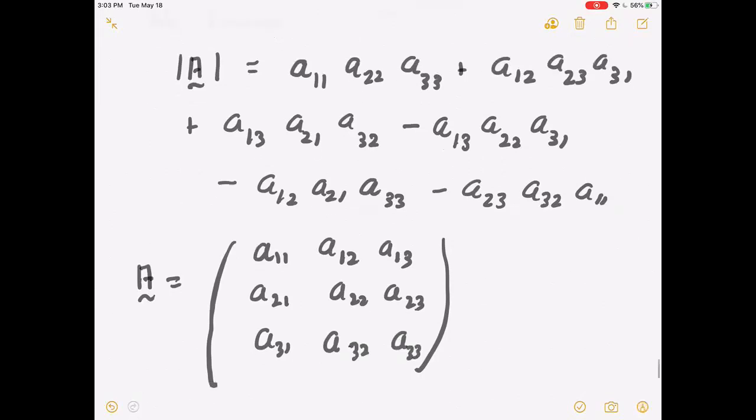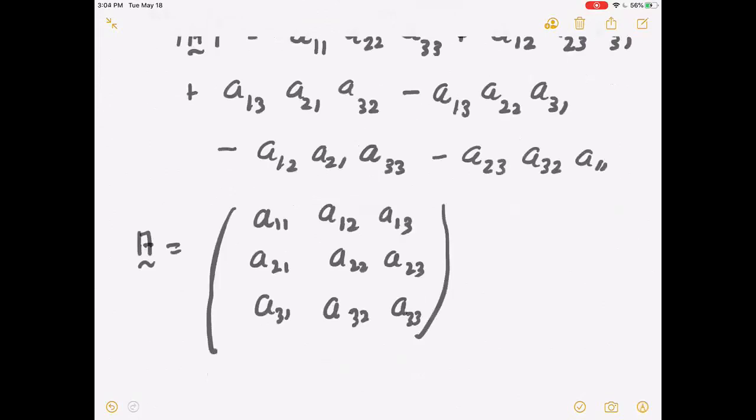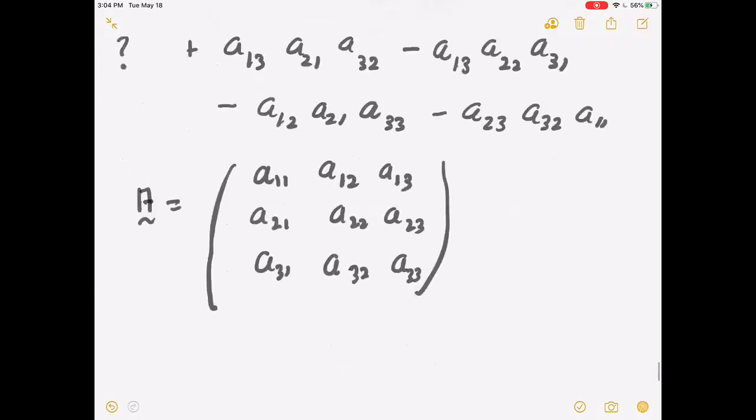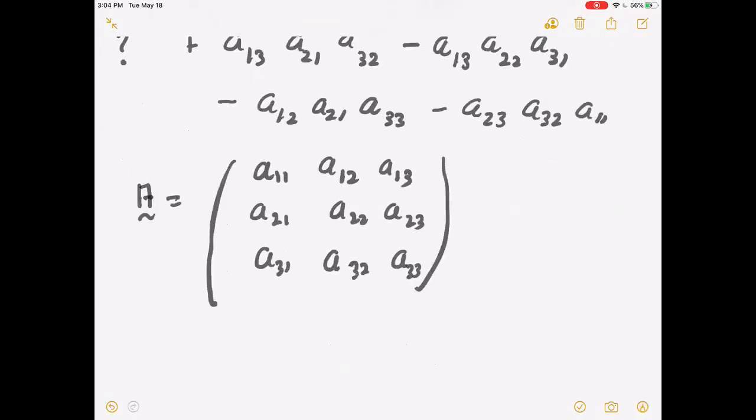So I would like to come up with a simpler expression, if you will, or I'd like to rewrite this guy. So one of the things I'm going to do is let us recast or rewrite the determinant of A, and let's do it along row 1.